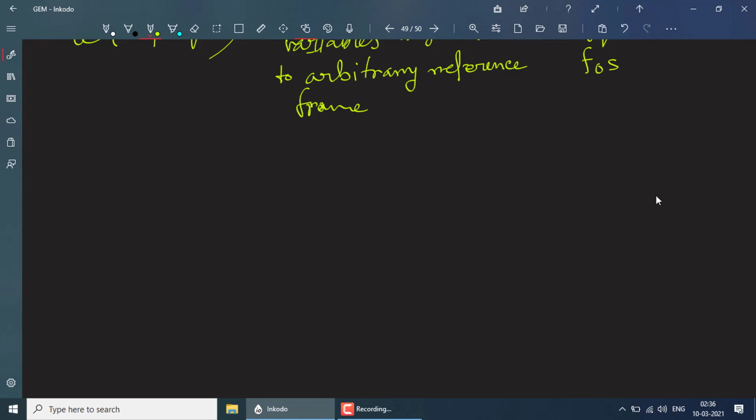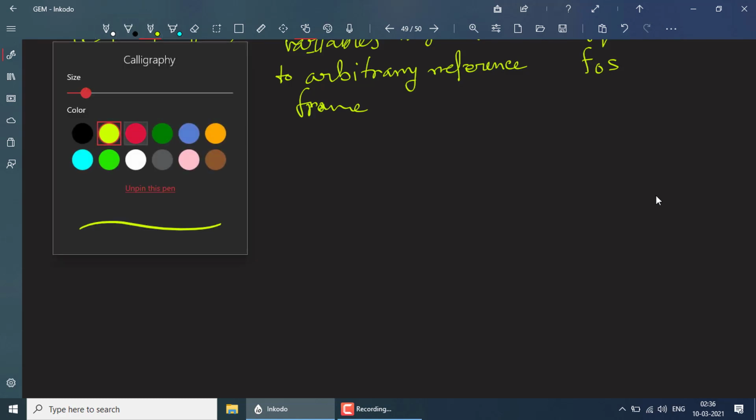Now, if the reference frame speed is 0, then what does it indicate?